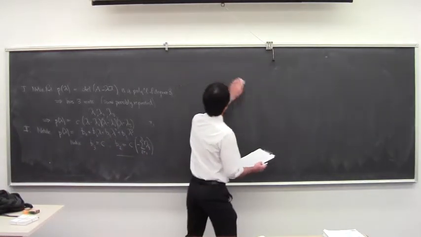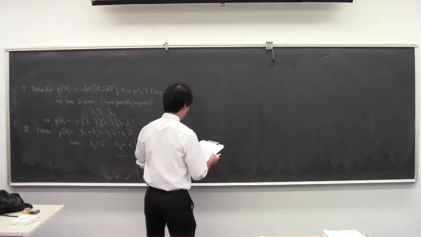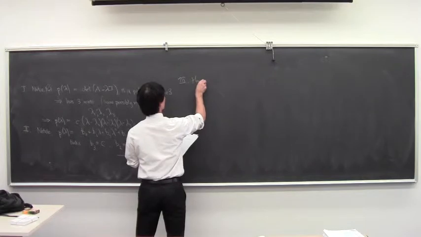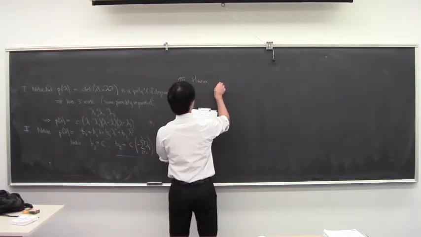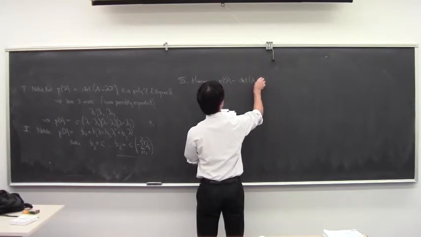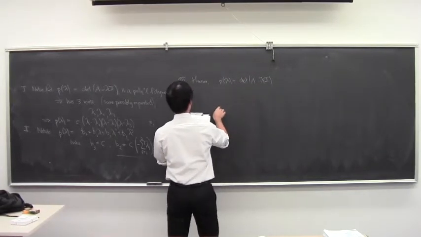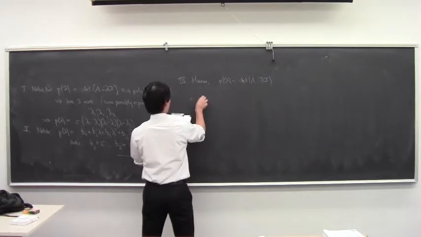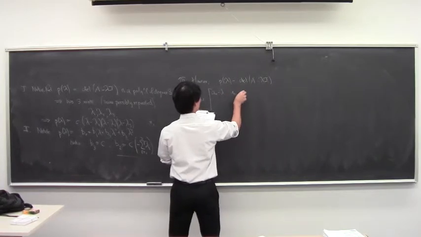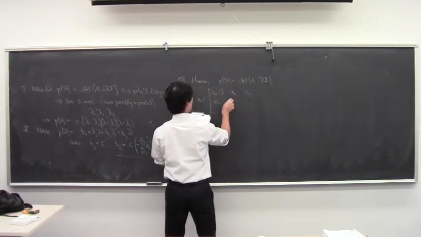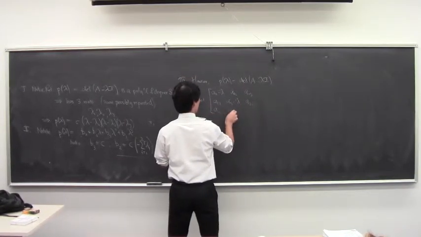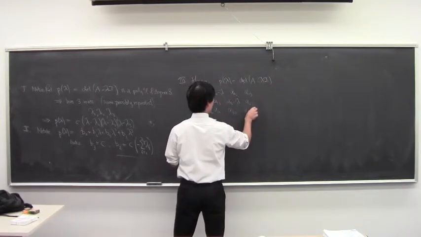However, we know P of lambda is the determinant of A minus lambda I, that's to say the determinant of the matrix with rows a11 minus lambda, a12, a13; a21, a22 minus lambda, a23; a31, a32, a33 minus lambda.